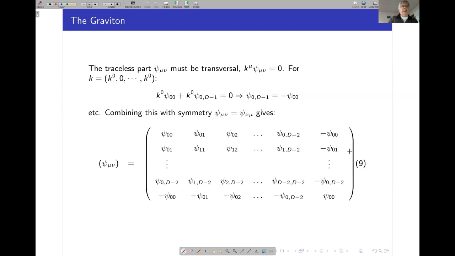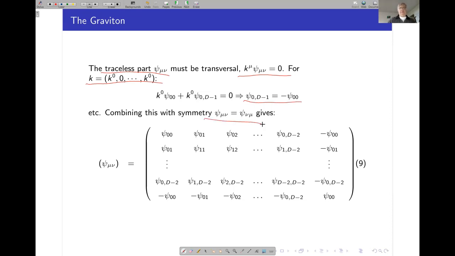Now, the traceless part, let's analyze this. We know it must be transversal, and we can be explicit about how this decomposes into gauge degrees of freedom and physical degrees of freedom if we pick an explicit momentum vector, like the standard one, where a plane wave, or if you prefer a particle, is propagating along a particular axis. And we can write out this condition, and we get certain constraints between the components.